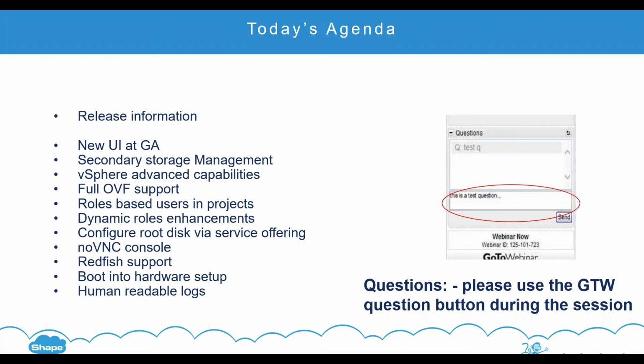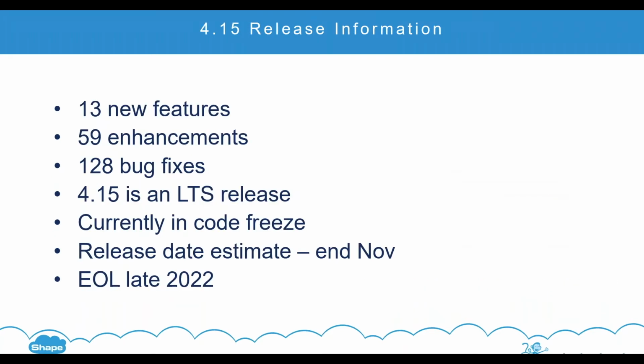So 4.15 is the latest release of Apache Cloudstack. It's been a long time coming. It's definitely later than it should be. In terms of its scale, it's about a standard size Cloudstack release. All in all, we've got about 200 PRs going into Cloudstack.